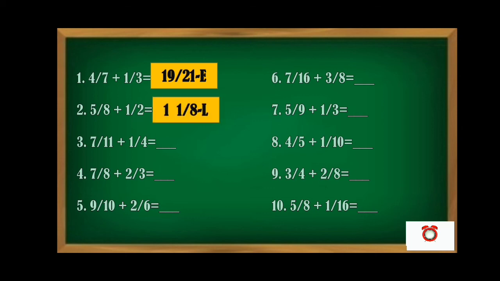The correct answer is 1 and 1/8, which is letter L. For number 3, 7/11 plus 1/4 equals.